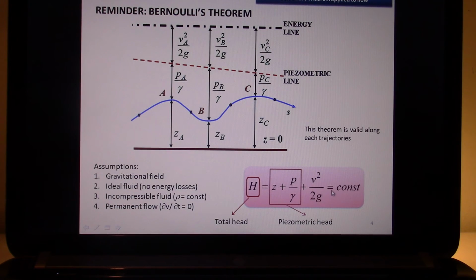And everything is equal to a constant under this assumption, which means that the sum of these three terms is constant moving from point A, B, C, but of course the different terms can be different from one point to another.